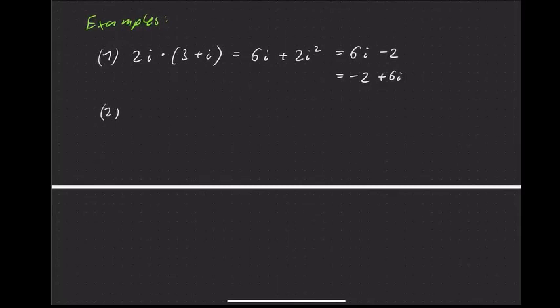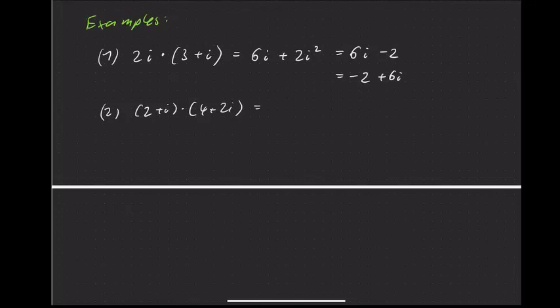A little more sophisticated, let's say something like (2 plus i) times (4 plus 2i). If we do that multiplication here, okay, what do we get?